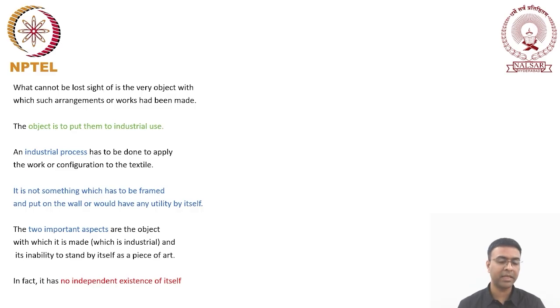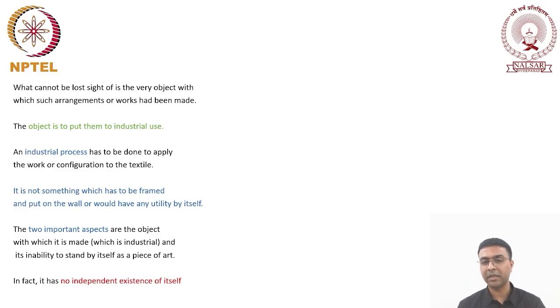So what the court explains is that what cannot be lost sight of is the very object with which such arrangements or works had been made. The object is to put them to industrial use. An industrial process has to be done to apply the work or configuration to the textile.